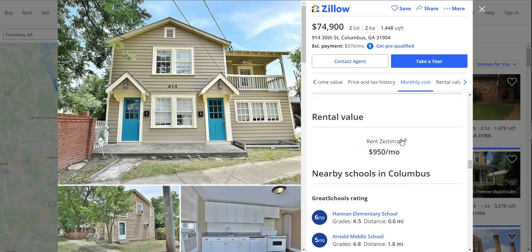Okay? Now Zillow also gives you an estimated rental value, and for this property they're listing the rental value as $950 a month. And again, that is not per unit, that is the total rental income for the property.